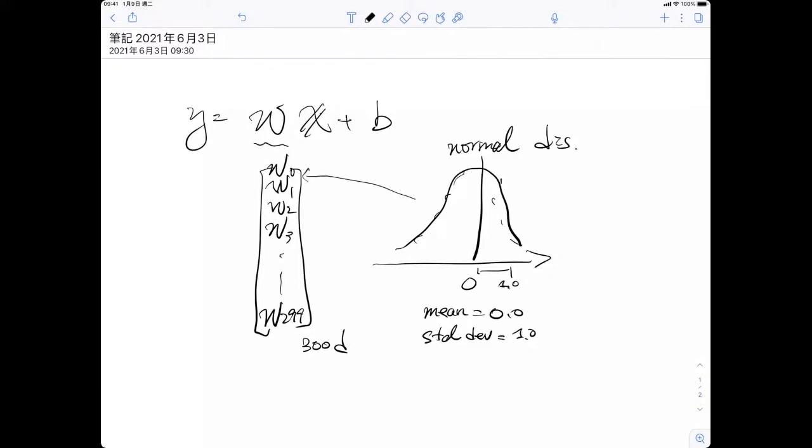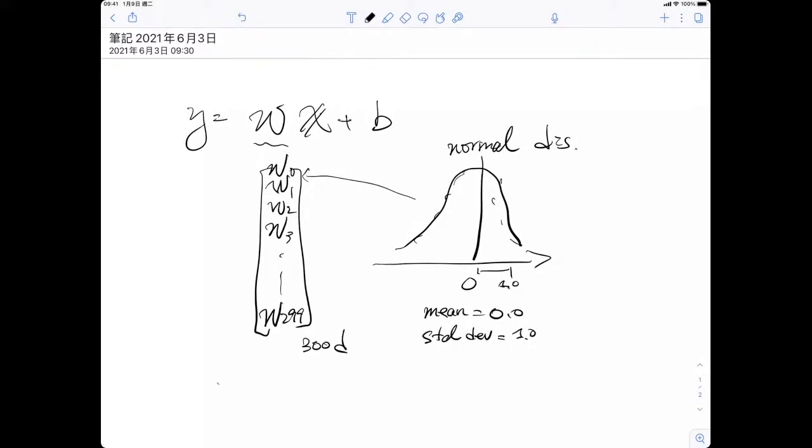Those very nice functions help you randomly select values and use them as the initial values. That is one of the strategies you can set. So the values you use right here, W0 to W299, have initial values from a simple normal distribution with mean 0 and standard deviation 1.0.